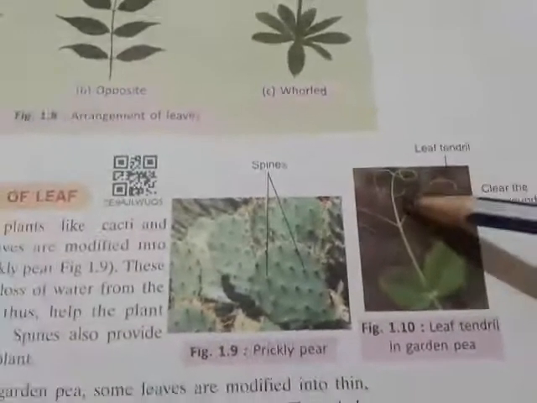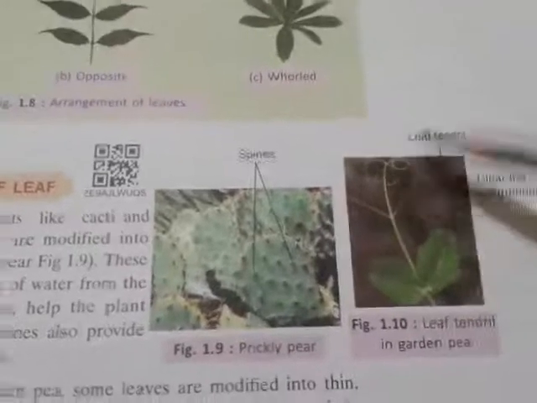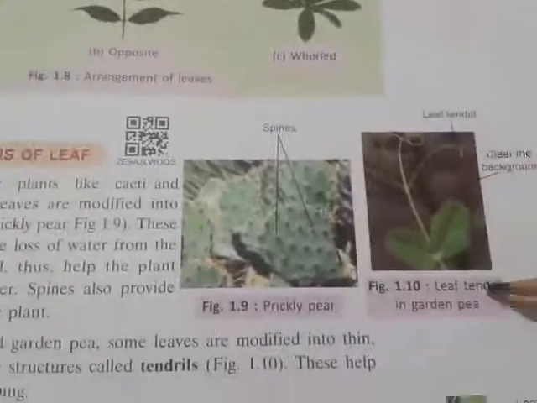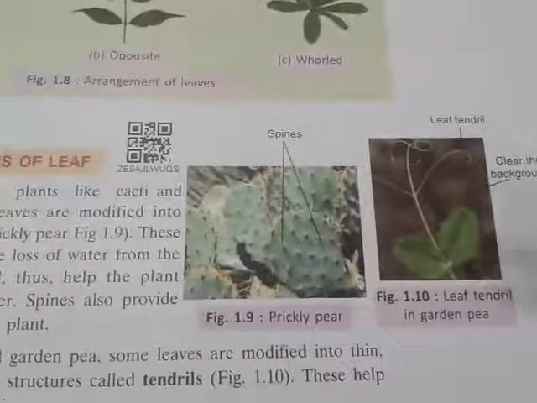So lamina or leaf that has been modified into a thin or coil-like structure is called a tendril. Leaf tendril is found in pea and other plants also.